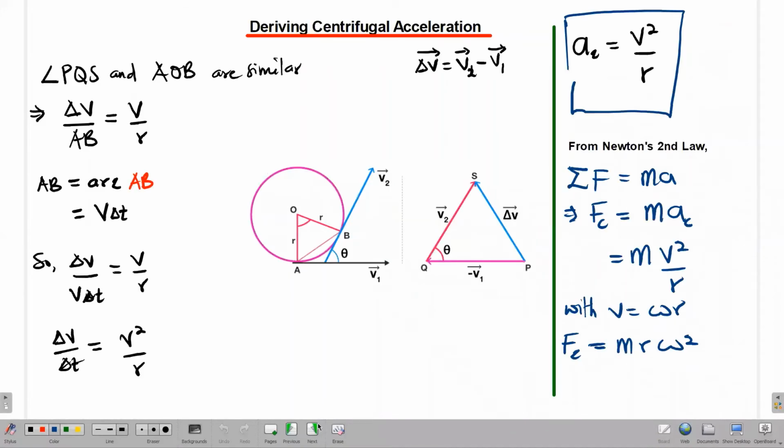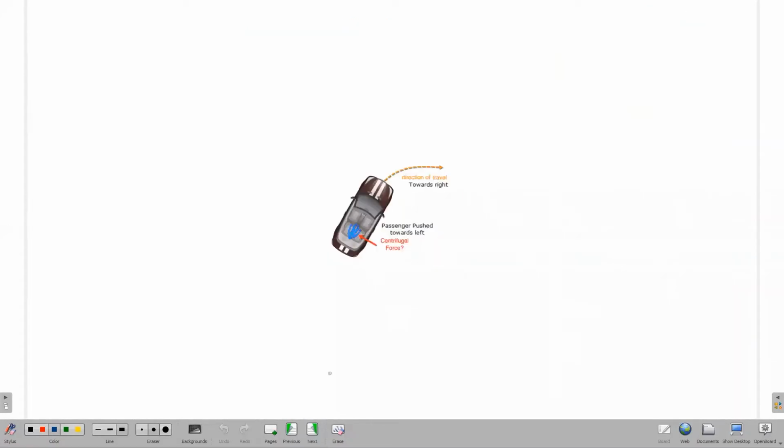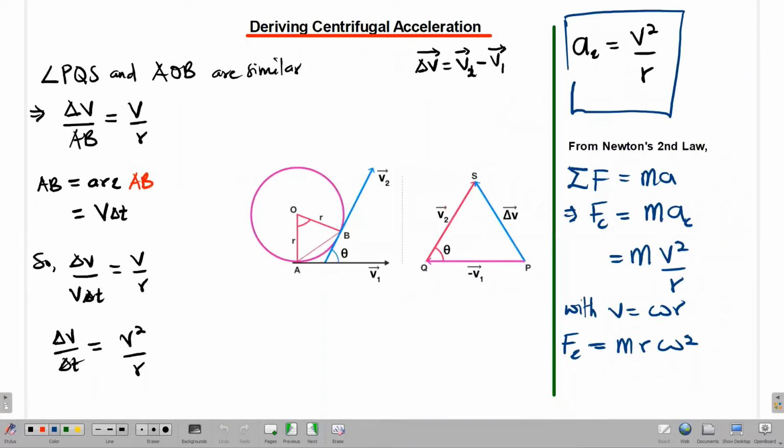For us to continue, I want us to derive the centrifugal acceleration. You knew from Newton's second law that the sum of forces equals the mass times the acceleration.